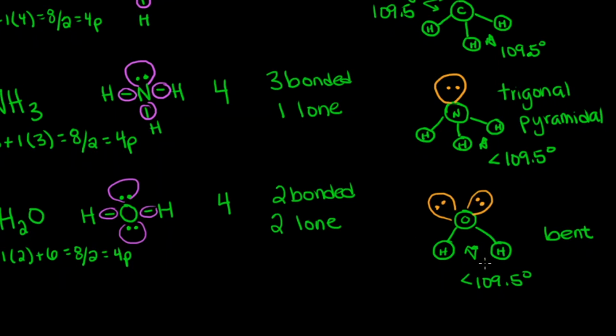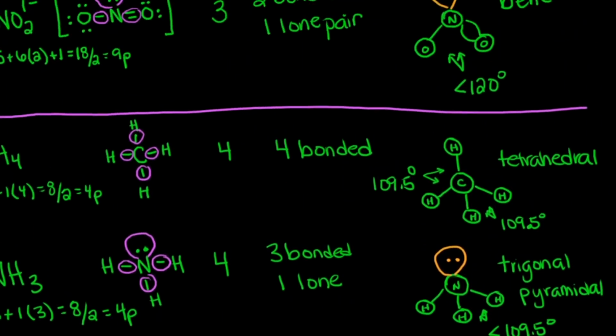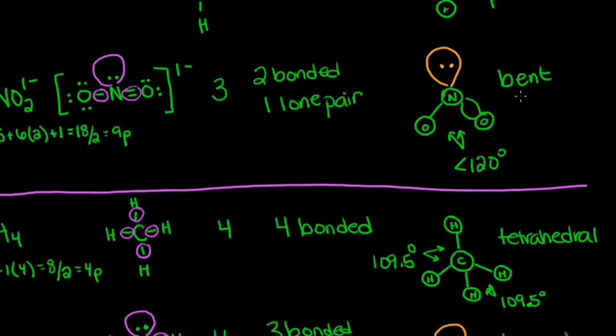This bent shape differs from our bent shape that we had up here. This bent shape has a 120 degree bond angle because there's only 3 things around the central atom. And so 3 things take up less room than 4 things.